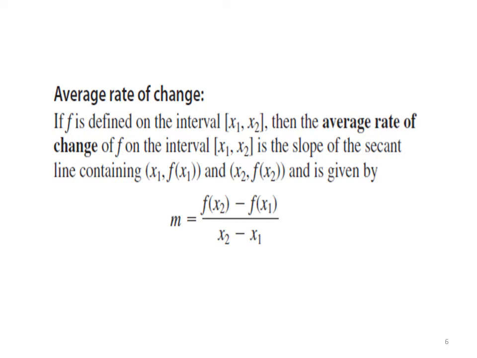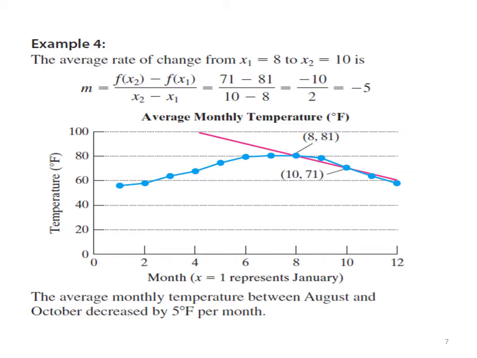We will look at an application in the next slide. Here is an application where we calculate the average rate of change for the function. First of all, this function represents temperatures. For the independent variable, the horizontal axis represents the time, expressed in months.